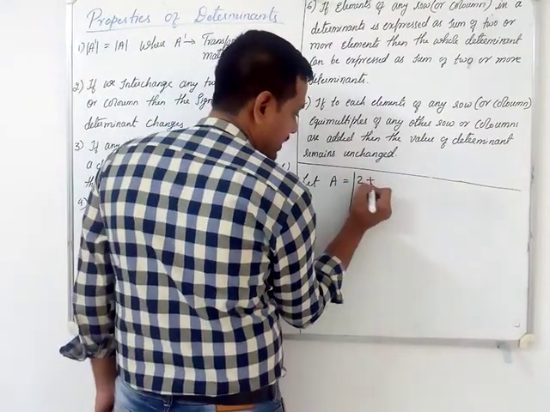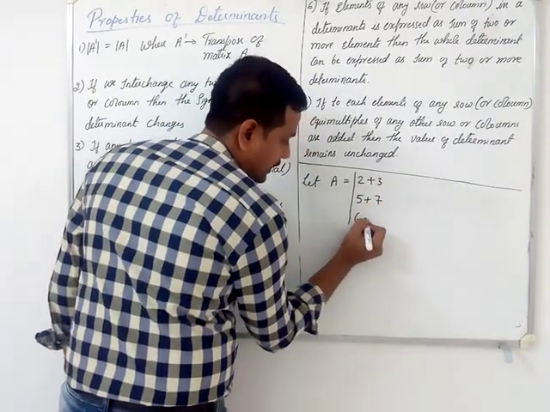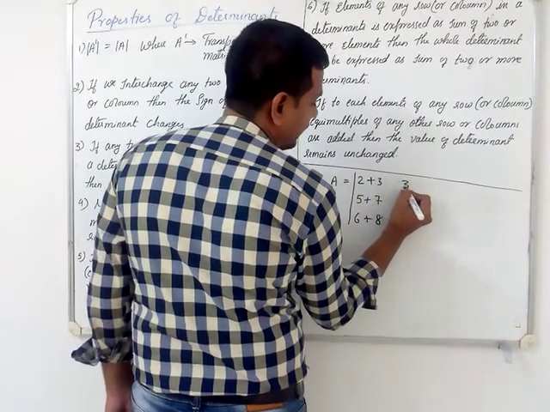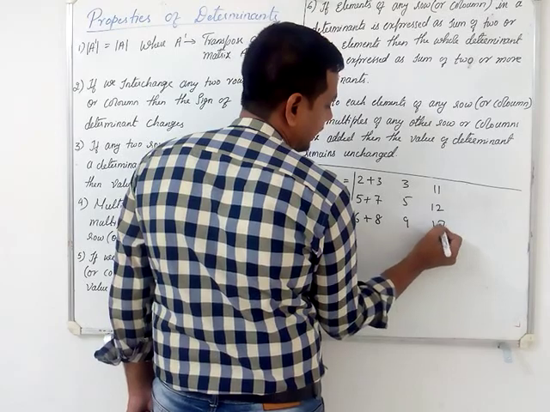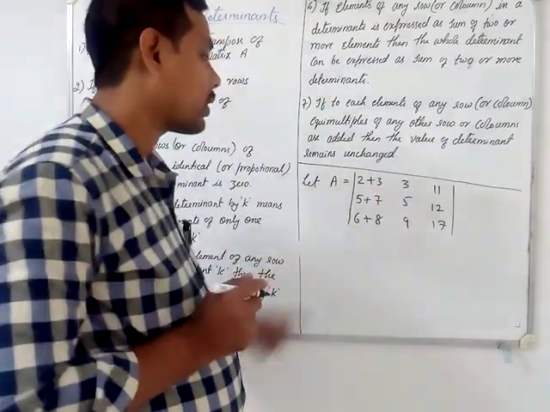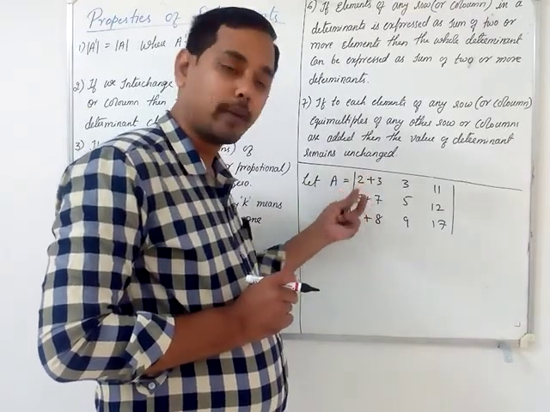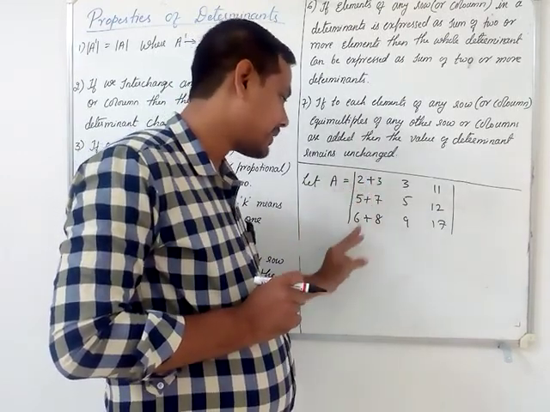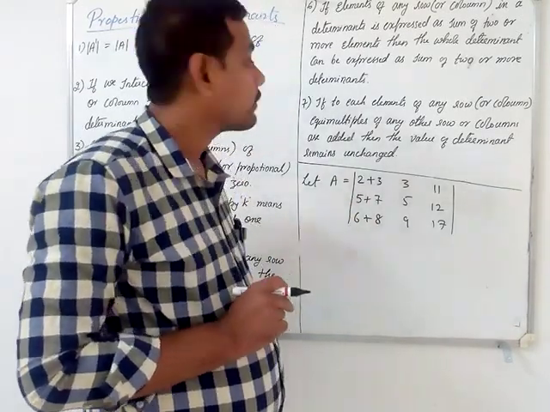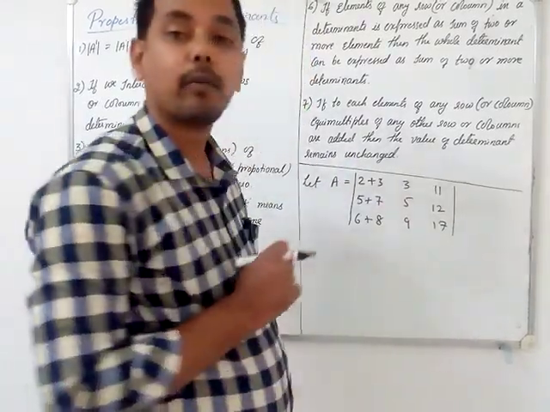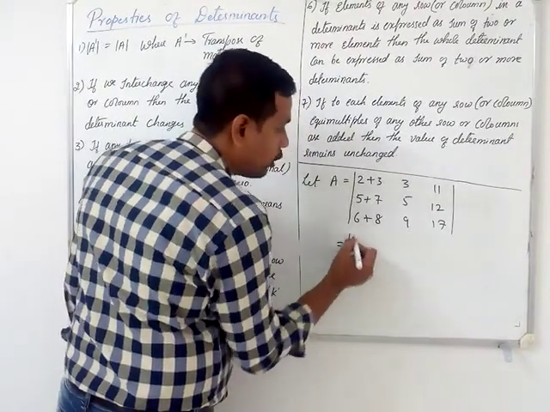For example, 2 plus 3, 5 plus 7, 6 plus 8, then 3, 5, 9, 11, 12, 17. If this is the determinant, what is there in the first column? Every element of the first column is the sum of two numbers, that is 2 and 3, here 5 and 7, here 6 and 8. Then this whole determinant can be expressed as the sum of two determinants.